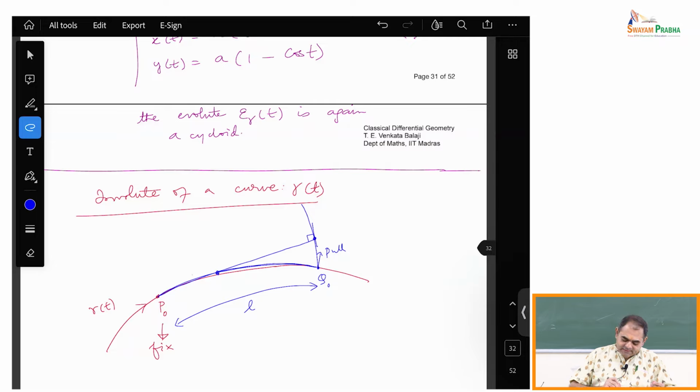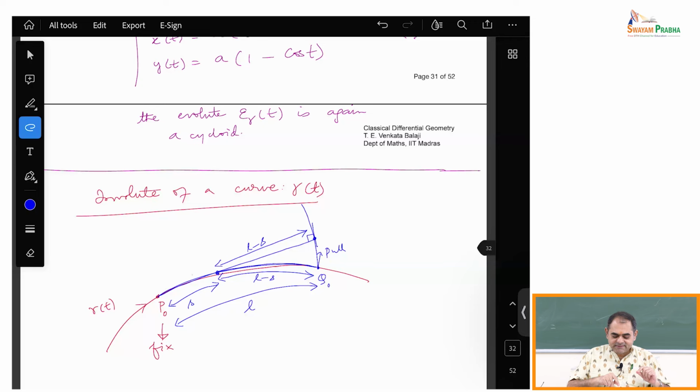And you see this length that you have, that is the length that you have pulled out. That is the same as this length that you have pulled out. If this length is, let us say, S, then this length will be L minus S, and therefore this will also be L minus S. Mind you, you are assuming that the string is not stretchable, and you are only gently pulling it out.